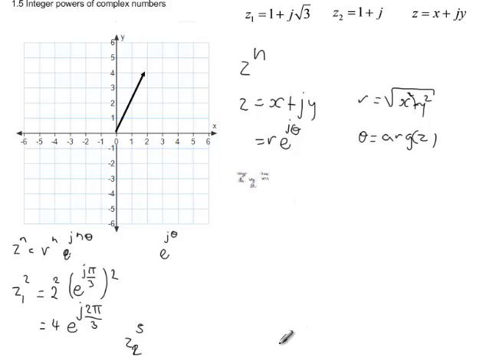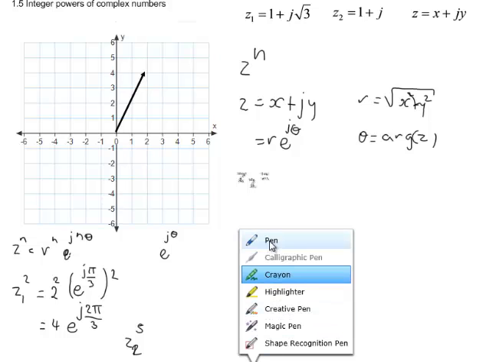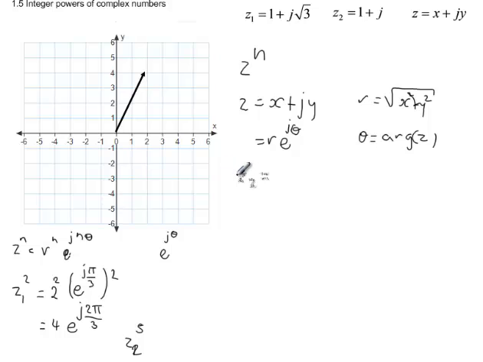Z2 equals 1 plus j, and then the modulus of Z2 is equal to 1 squared plus 1 squared, isn't it?